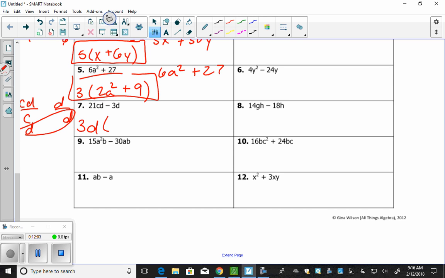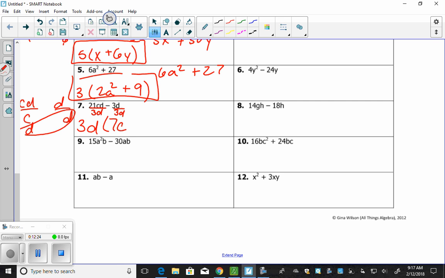Here again, you divide everything by 3D. So 21 divided by 3 is 7C. Because what's D divided by D? No. What's 3 divided by 3? 1. So what's D divided by D? 1.